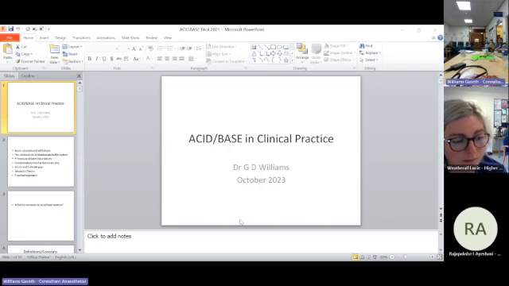A few more pedantic clinical terms. What's the difference between an acidosis and an acidemia? An acidemia is a state, an acidosis is a process. So you can have a respiratory acidosis, which is the process of depressing a pH through CO2 retention.